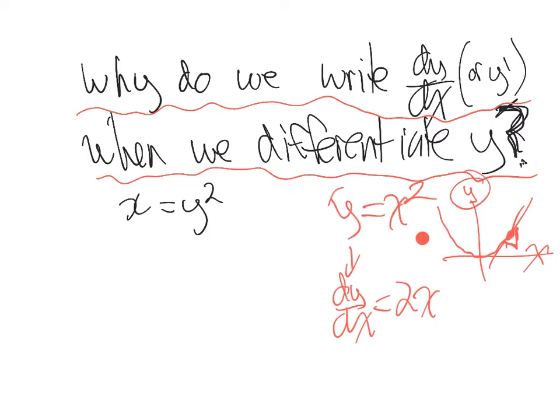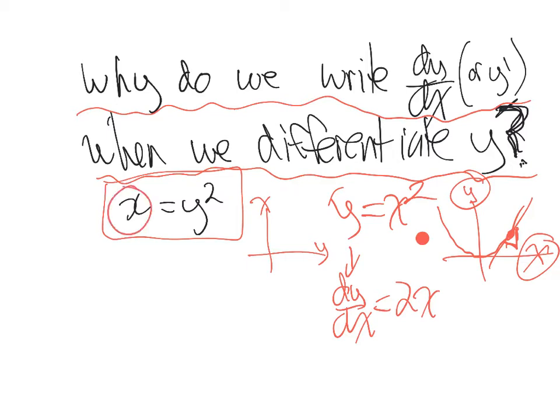So we've got y on this axis and x on this axis. Now, on the other hand, what if I'm writing my function this way, x equals y squared? Well, that's very different, right? That's like saying that you've got x up here and y down here. You could be writing it that way if you had an inverse. If I differentiate just x by itself, the derivative of x is 1.